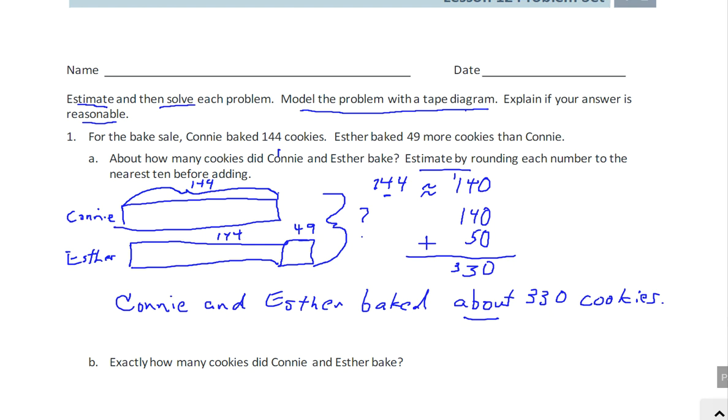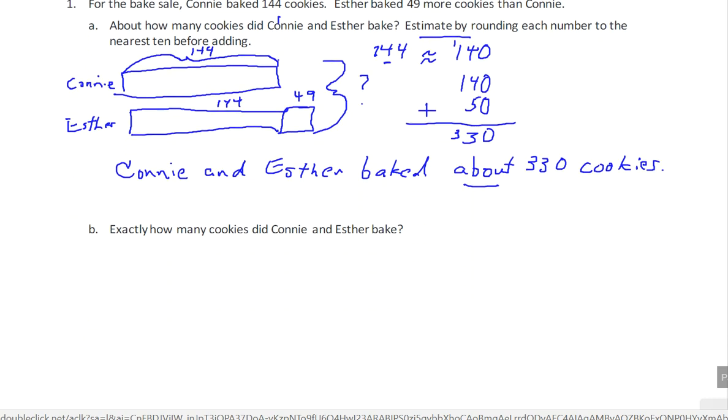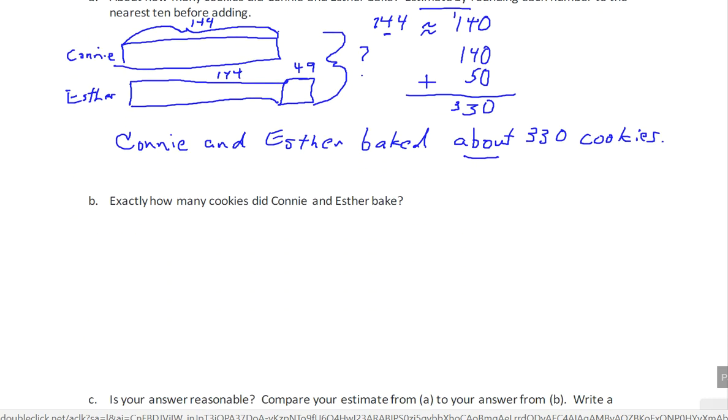All right, so the next part of this now that we know about how many cookies they baked, we're going to use that same information from our tape diagram, and we're going to get the exact answer. We don't have to draw the tape diagram again. Let's just do the exact answer.